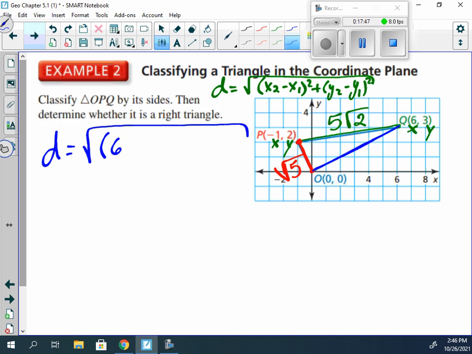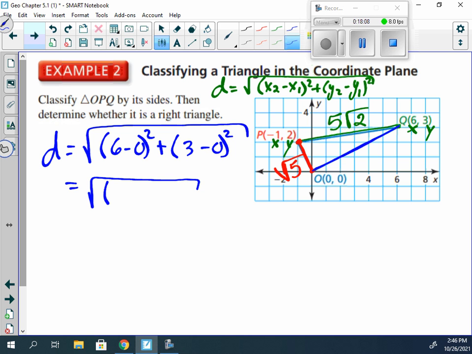Now the x values, so we'd have 6 minus 0 squared plus 3 minus 0 squared. Now again, the order in which we plug the x's and the y's doesn't really matter as long as the x's are in the same set of parentheses and the y's are as well.